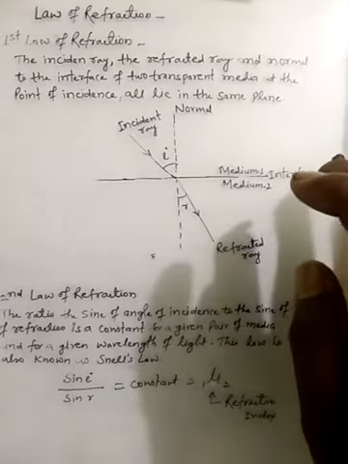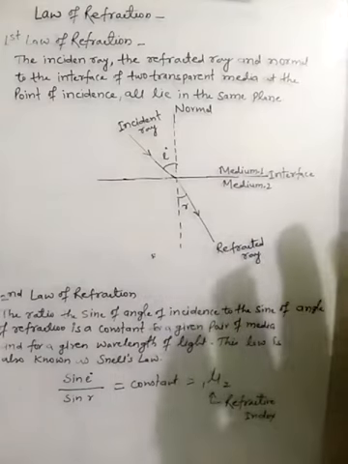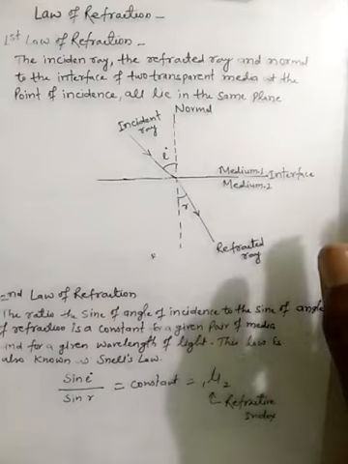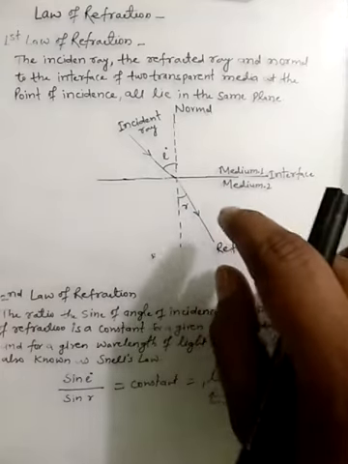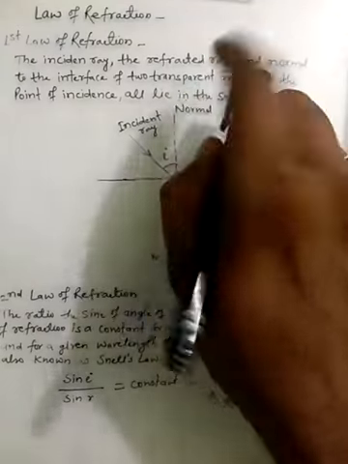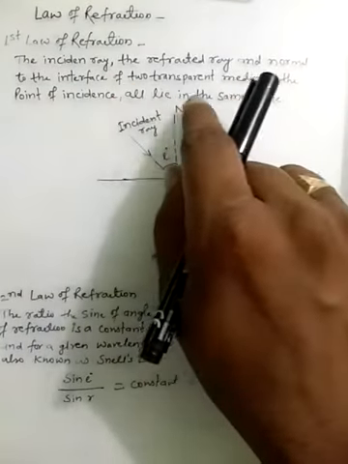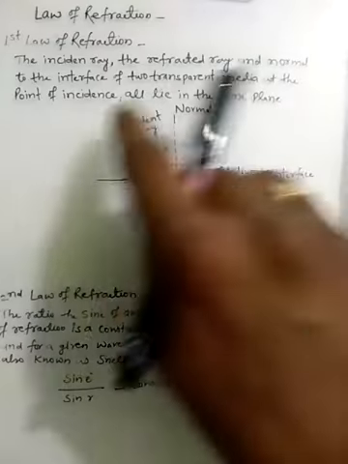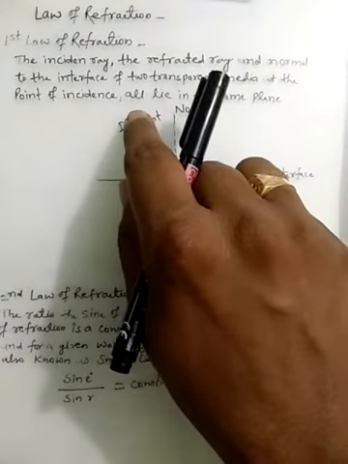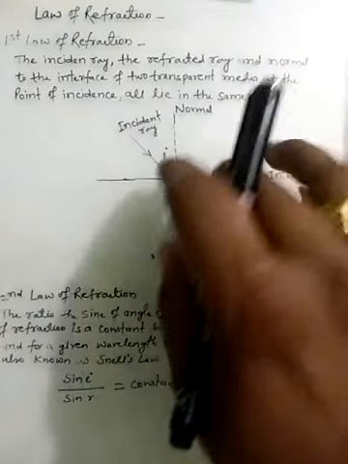Now here we have to discuss the laws of refraction. The first law of refraction states that the incident ray, the refracted ray, and the normal to the interface of two transparent media at the point of incidence all lie in the same plane.